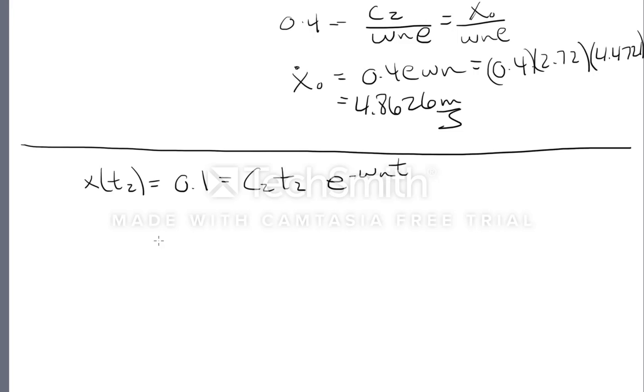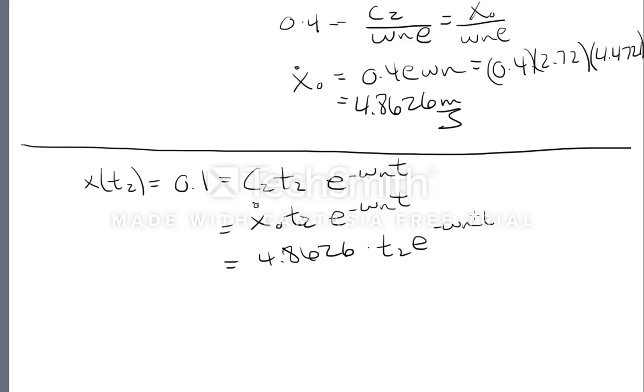So this equals x dot naught t2 e to the negative omega n t equals 4.8626 times t2 e to the negative omega n t.